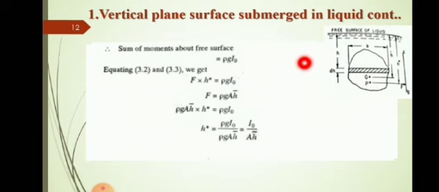You can mark this as equation number 2. Now we have already marked the moment of the total force as equation number 1, and this is equation number 2. So here you have to write equating 1 and 2. Equating equations 1 and 2, we get F h star is equal to rho g into I naught, where F is equal to rho g A h bar.